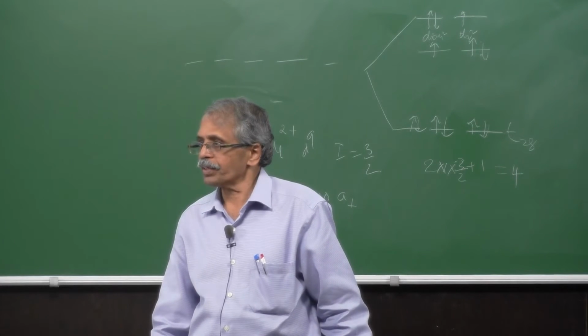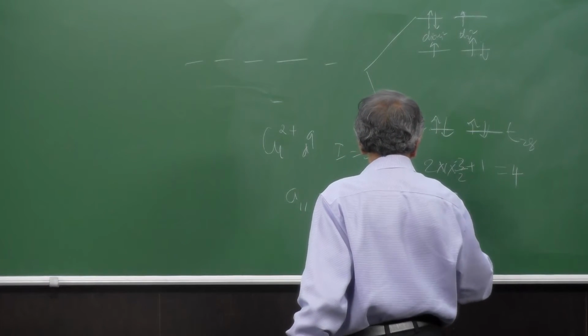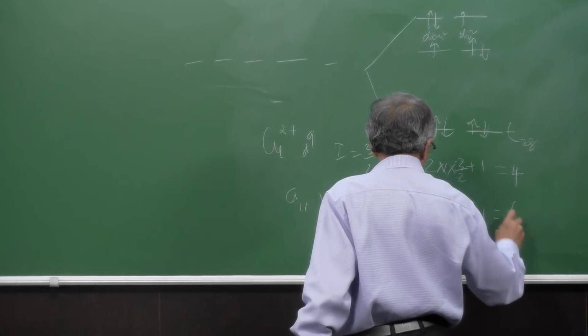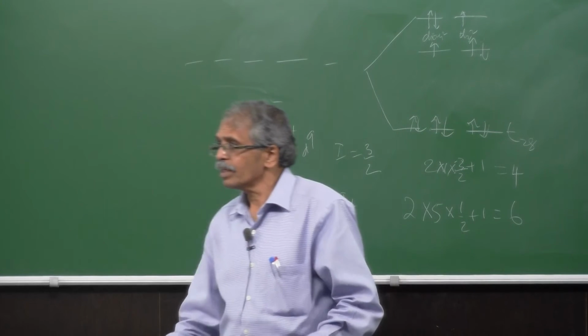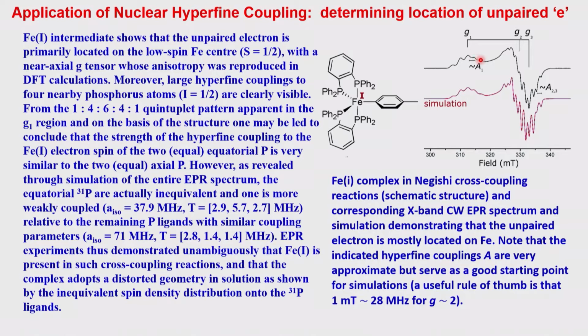What will be coupling here is the phosphorus. Phosphorus is 100% I equal to half. So you have 5 phosphorus if they are equivalent: 2 into 5 into half plus 1, that is 6 lines you can see, and each of these is split into 1, 2, 3, 4, then 5, with very little overlap.